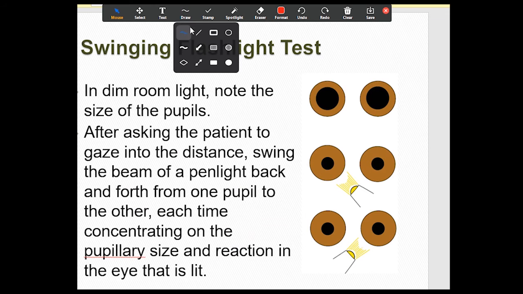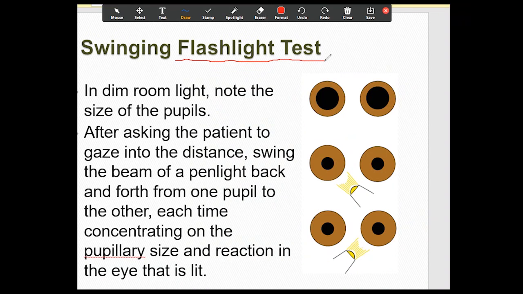And another, we check the reaction to light, with a flashing light. Normally, both pupils should be the same size. In a dark room, the pupil is a little bit bigger, and outside in the sunshine, the pupil is a little bit smaller. So basically it controls how much light goes inside the eyes.